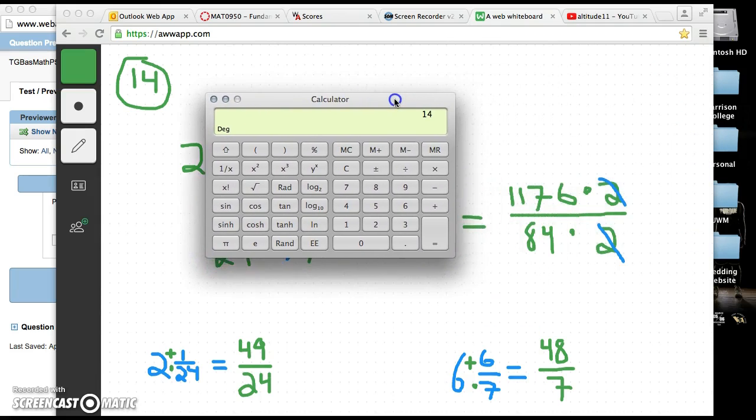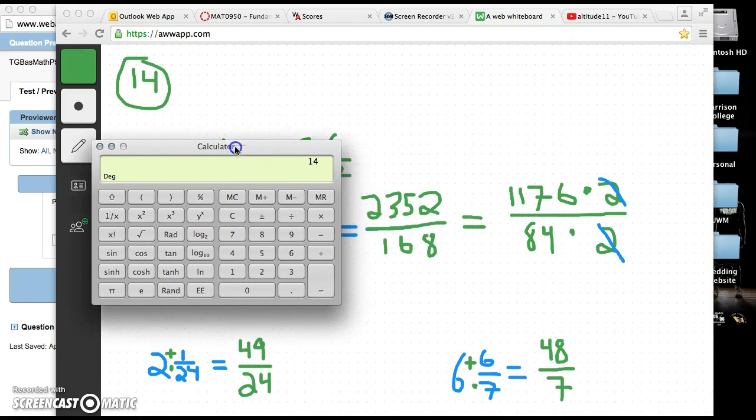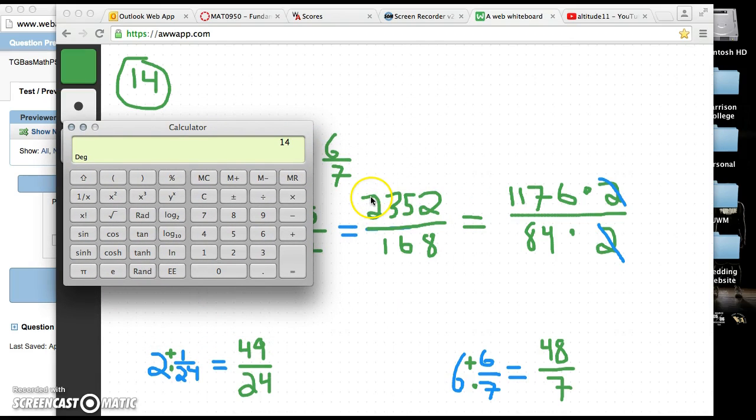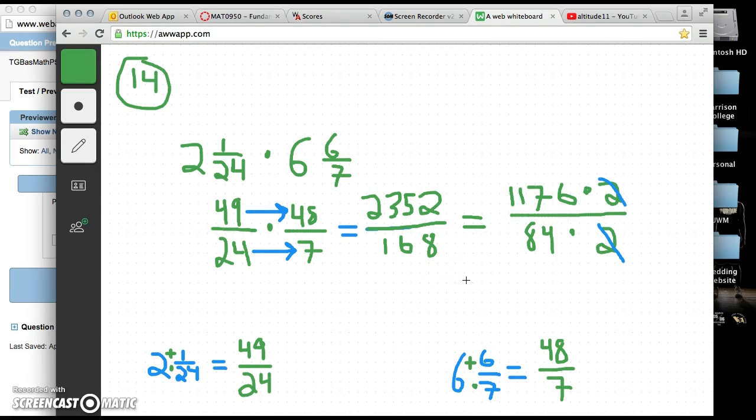In this case, we better get the exact same thing over here: 1,176 divided by 84. Notice that we get 14. So the fact that when you divide 2,352 by 168 we get this whole number of 14 tells us something really nice in our simplification.